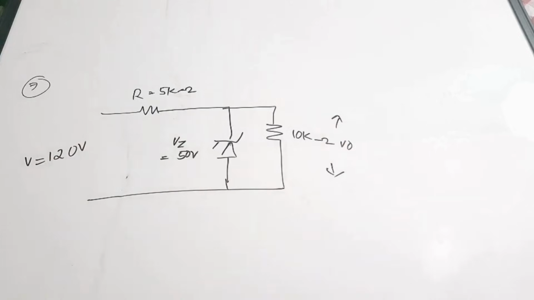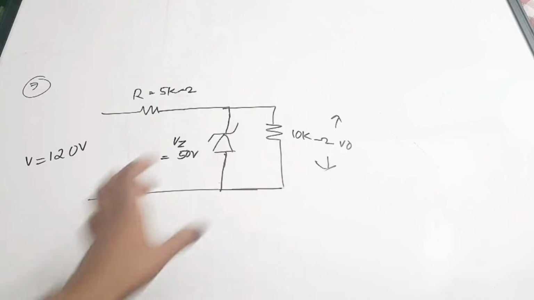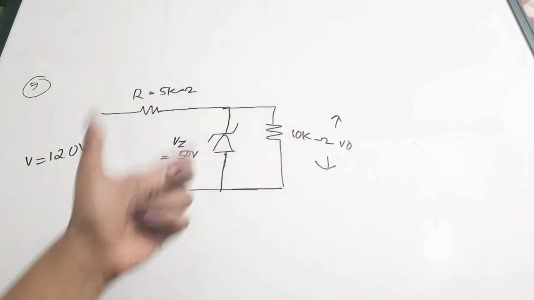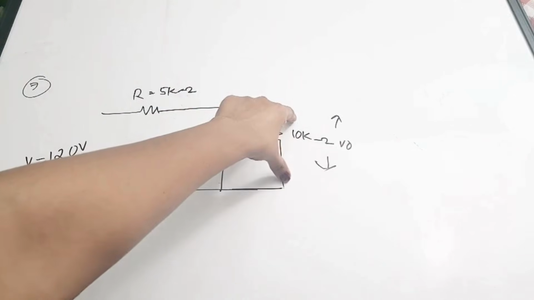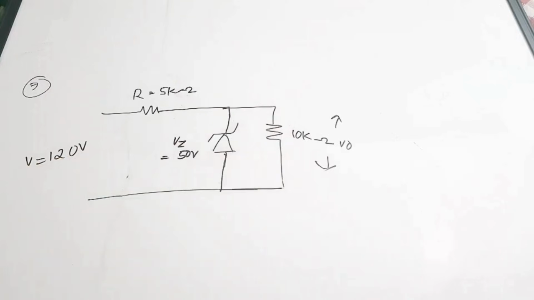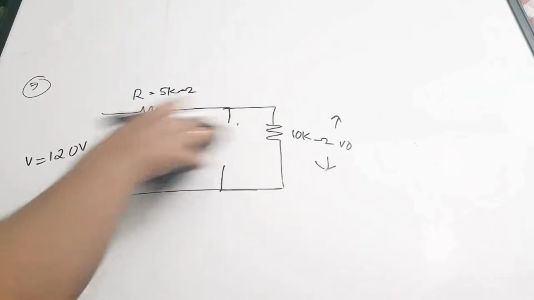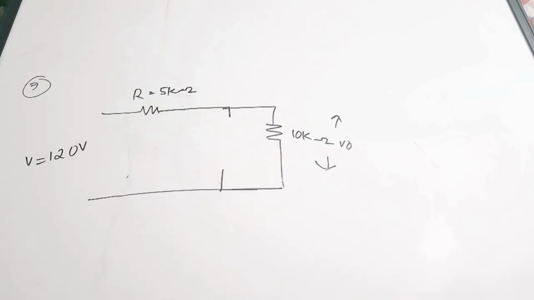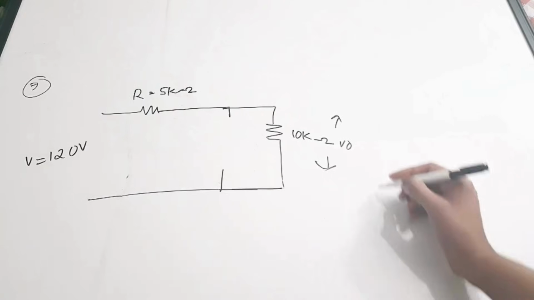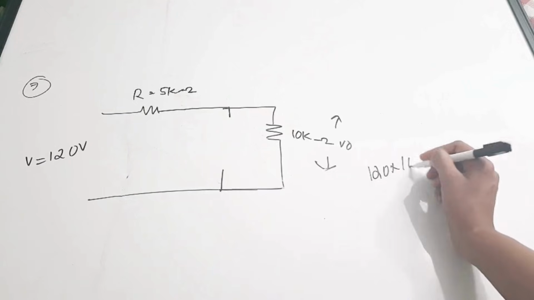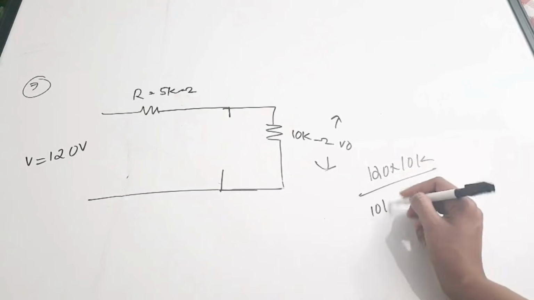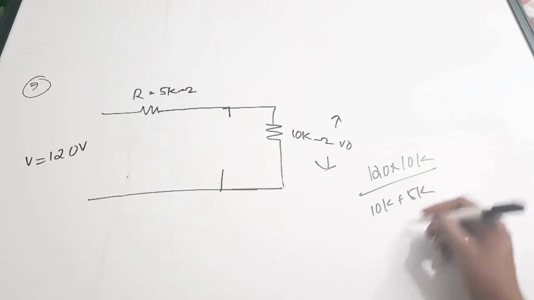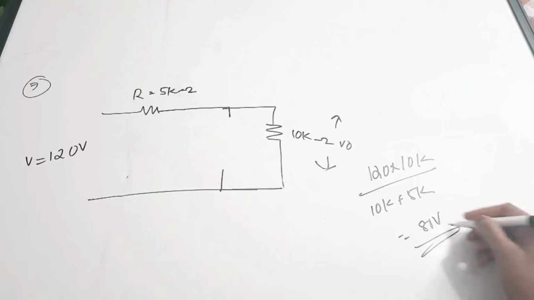Here we need to find the output voltage, which is nothing but the voltage across the load resistance. First we will consider that there is no Zener diode connected in the circuit, and we will find the open circuit voltage. Just apply the voltage division rule, 120 into 10K by 10K plus 5K, and you will get 80 volt as the open circuit voltage.